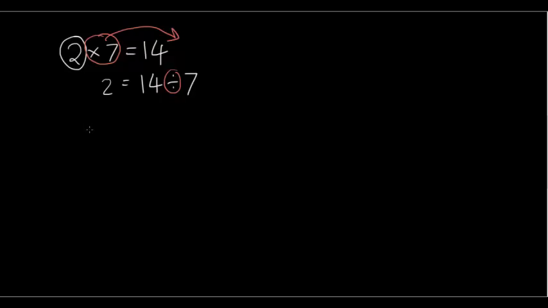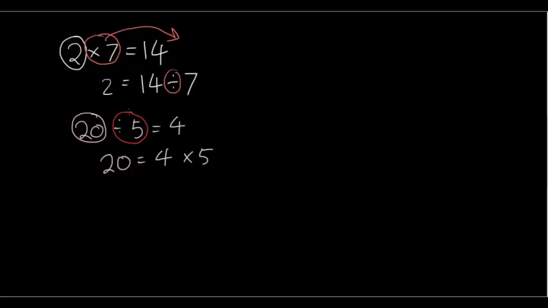And if we have 20 divided by 5 equals 4, and we want to make 20 the subject, we can rewrite it as 20 equals 4 times 5, right? Because we have divided by 4, and if you move the divide to the other side, it becomes times.